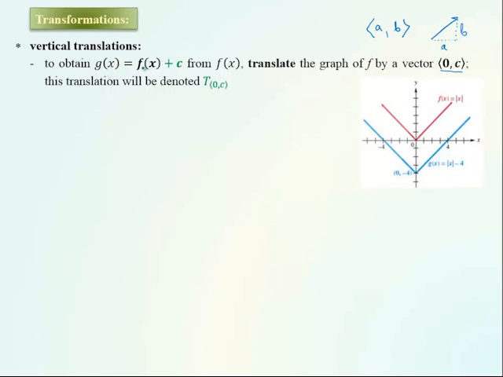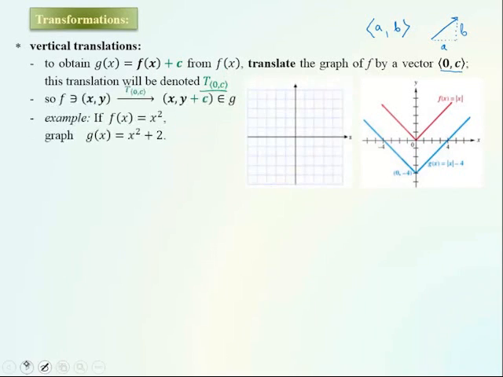So to obtain a graph of f of x plus a certain constant, we apply translation by the vector <0, c> to the graph of f of x. The action of this translation will cause any point (x, y) that belongs to the function f to be moved to a point (x, y plus c). So we're adding c units to the y value, and the new point belongs to the new function g.